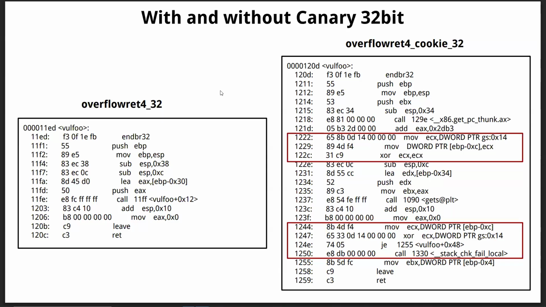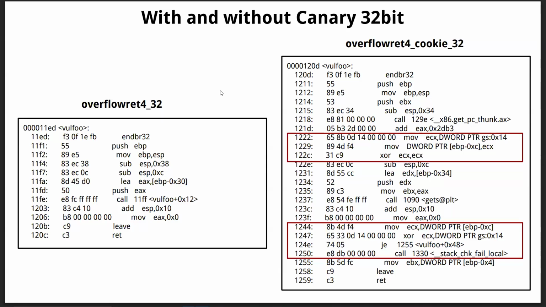So this is C, which means this is 12 bytes. Then here we have our buffer, at EBP minus 34 in this case. In this version, our buffer is actually smaller than before because the cookie is here. You cannot write to a cookie.